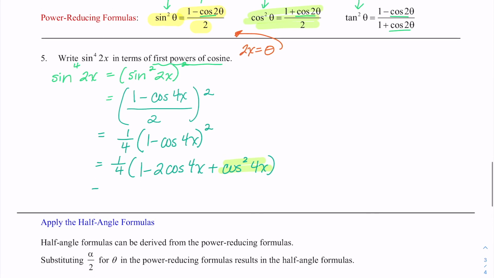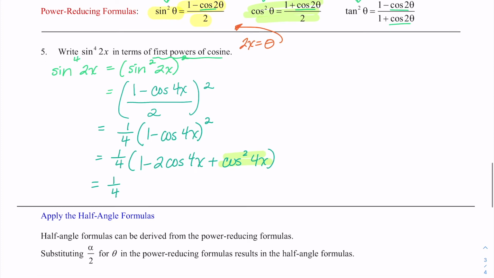So now we have 1/4, and we have 1 minus 2 cosine of 4x, and now we're going to have 1 plus the cosine of 8x divided by 2.